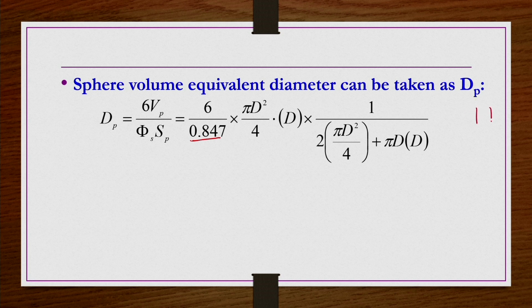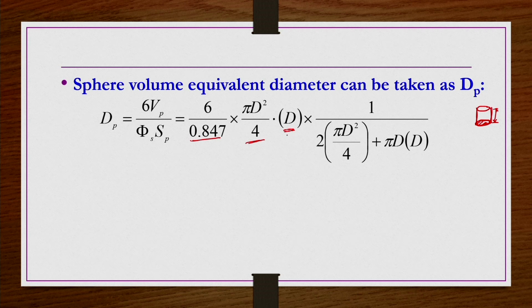Now, for the short cylinder volume, you have to find the cross section area and multiply by height h, but now h is equal to d. So, we can write d multiplied by pi d square by 4. This pi d square by 4 is the cross section area of the circular base of the cylinder, and multiplied by the height of the cylinder, that will give the volume of the cylinder.